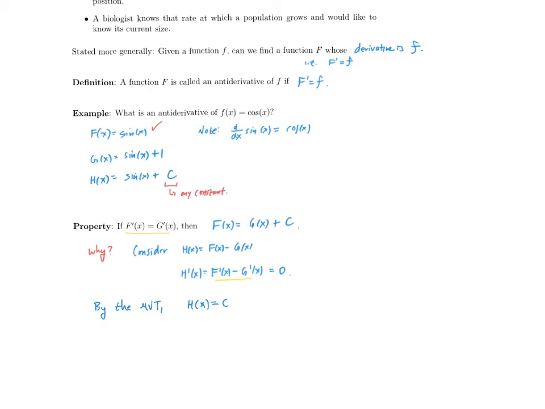But we defined h of x above as being f minus g, so if we just complete this, f minus g equals a constant, so f of x is equal to g of x plus c, which is exactly what we were hoping to show. And this leads us into the concept of the most general antiderivative.